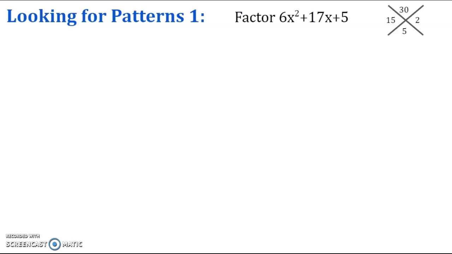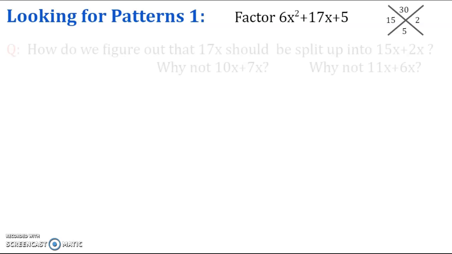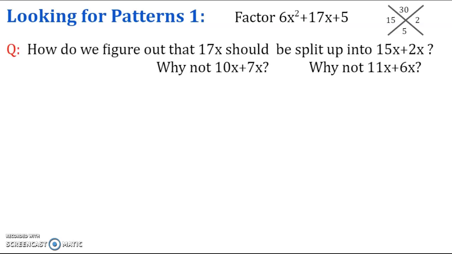So when you're factoring 6x squared plus 17x plus 5, how do we figure out 17x should be split as 15x plus 2x? Well, we split it up as 15x plus 2x because we solved the diamond problem. Okay, and that's what we started off with. What if we just randomly split it as some other combination? 17x could be split as 10x plus 7x, or maybe even 11x plus 6x, right?